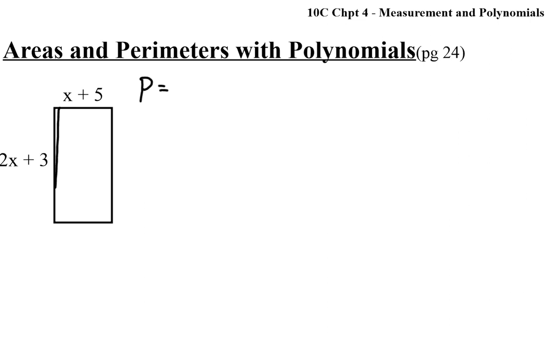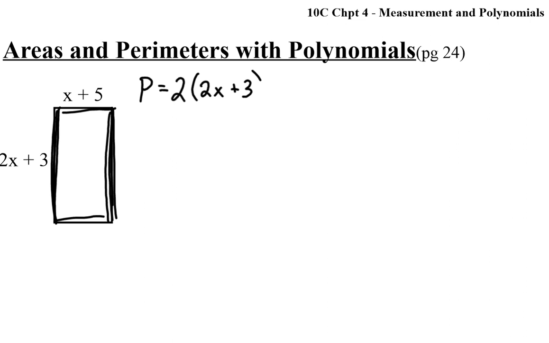If we want the distance around this rectangle, I have two lengths that are 2x plus 3. So I could say I have two 2x plus 3s, along with, because I add up the sides, two x plus 5 lengths.